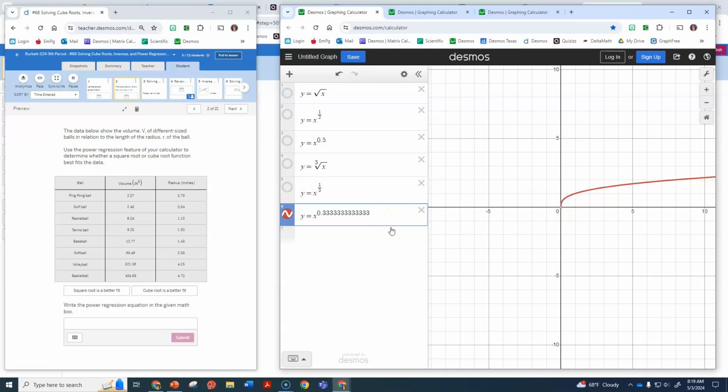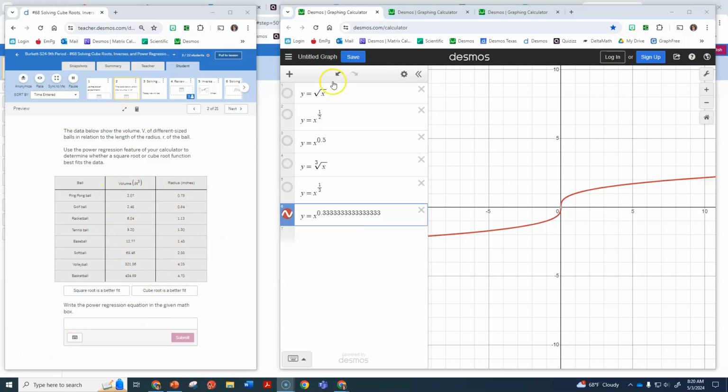If you don't put enough 3s, it doesn't understand that that's raised to the 1/3, and it only gives you a graph of x raised to the 0.33333, stopping. But if you put a few more 3s, then it understands that you mean the 3s to be repeating. So, just FYI, if you plan on graphing with the decimal, I wouldn't. I would always graph with a fraction, and that way you don't have to worry about it.